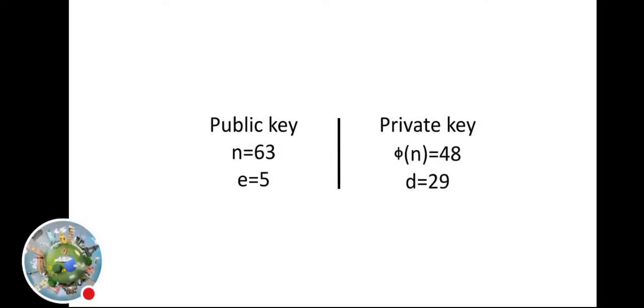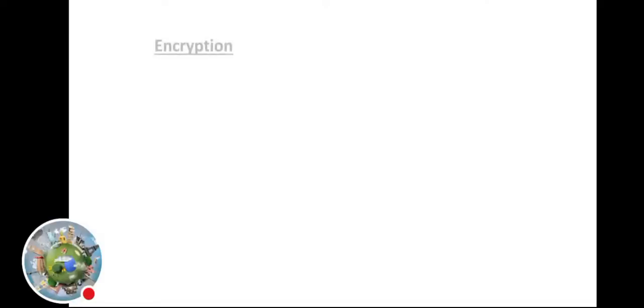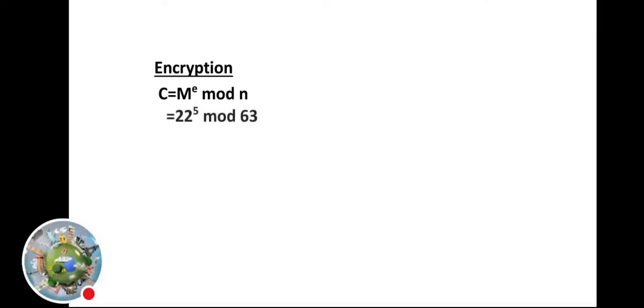Now the public key is n equals 63, E equals 5. The private key is phi of n equals 48, D equals 29. Encryption: C equals m to the power of E mod n, equals 22 to the power of 5 mod 63. 22 to the power of 2 mod 63.